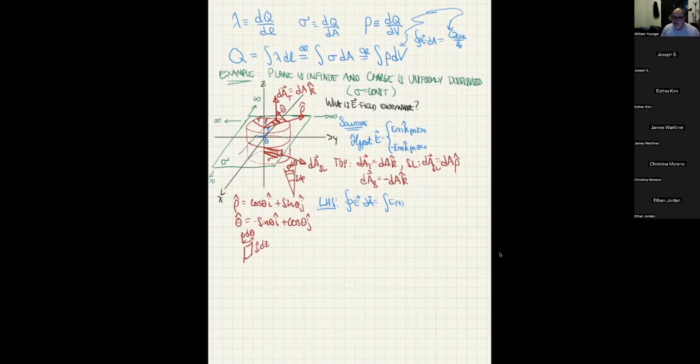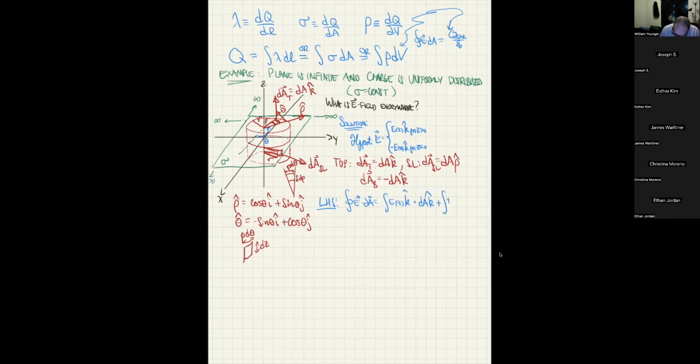It's E evaluated at the height of the top of the can, and it points in the positive k hat direction because the top is for Z greater than 0, and that's dotted with dA k hat. So in fact, the linearity of the dot product means the dA can come in front of that k hat, and I get k hat dot k hat, which is just 1. And then I have plus.